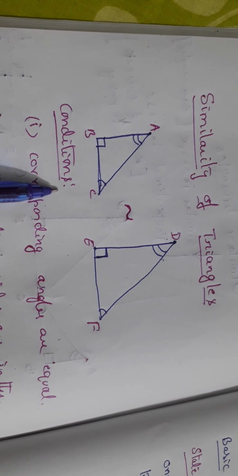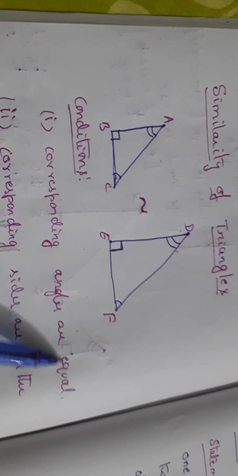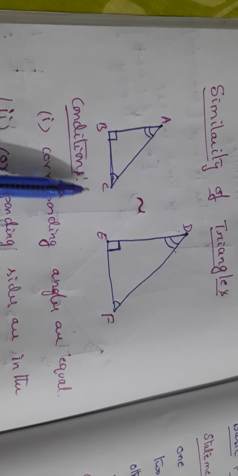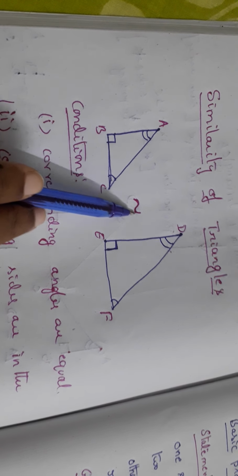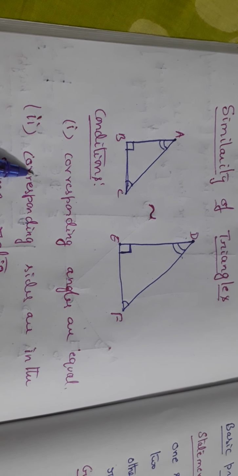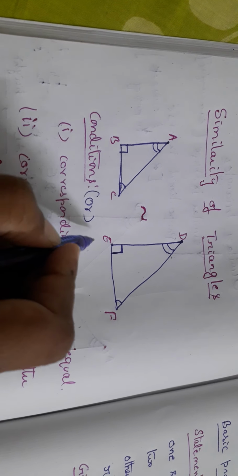They satisfy that corresponding angles are equal. Because it is already given that they are similar, their corresponding angles are equal. Whenever it is given that two triangles are similar, we can directly conclude this. So these are conditions, or rather conclusions.